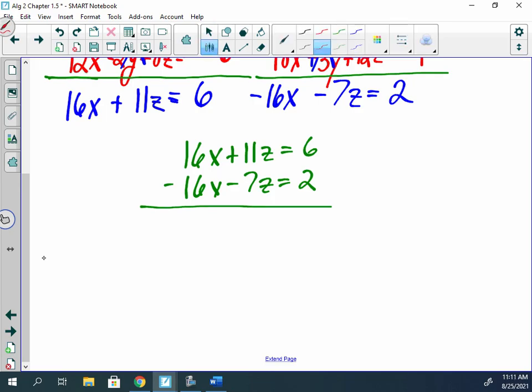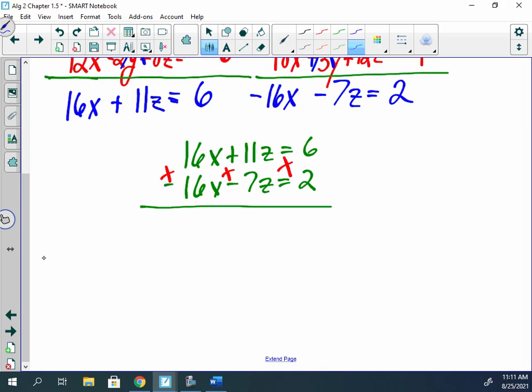So are we going to want to add or subtract? I'm going to pause for a second. Let y'all get that written down. So what do we think? Add or subtract? Add, because 16 plus negative 16, or 16 minus 16 is 0. So we would add these all the way across.